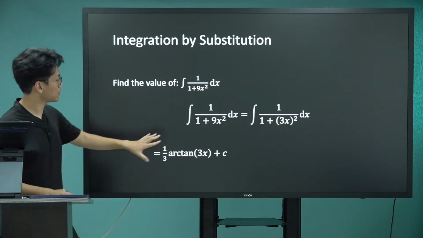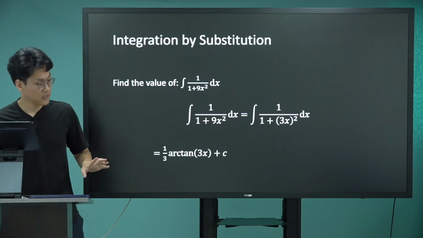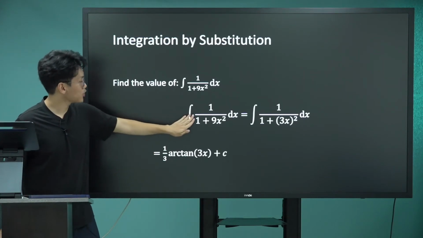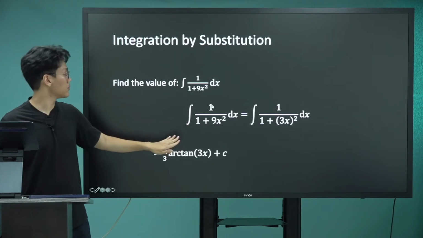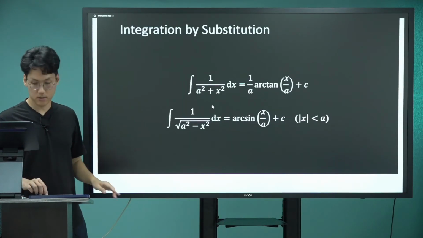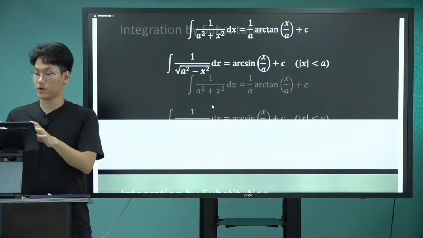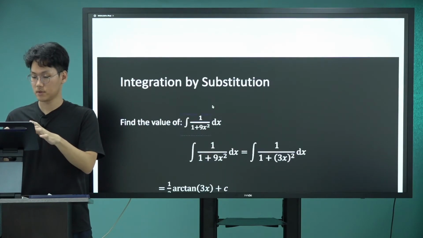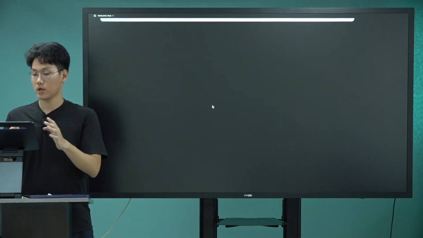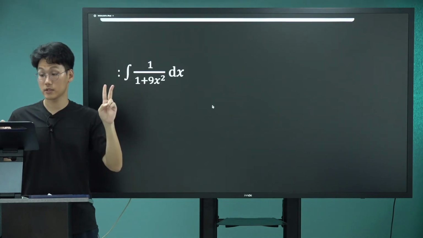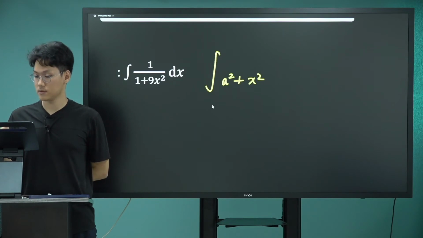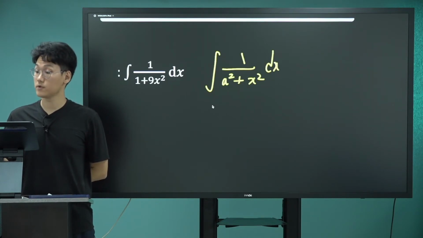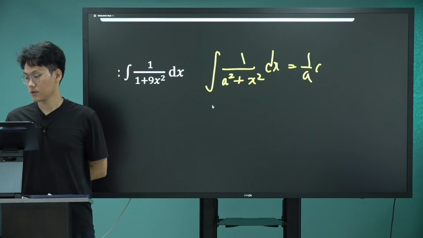So, my domain here is going to be 1 over 3. But here's the thing: this 1/3 did not come from there. Let me quickly remind you, for integration with completing the square, I want you to consider two things. Something of the form a squared plus x squared is going to give you 1 over a for the arctangent.